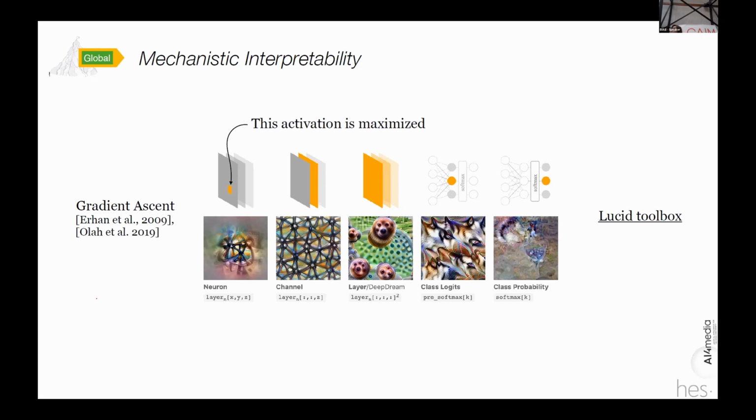And this is what has now been done more and more in the range of mechanistic interpretability, that is, we're trying to understand effectively what patterns fire up one neuron, and how these patterns are then combined together.